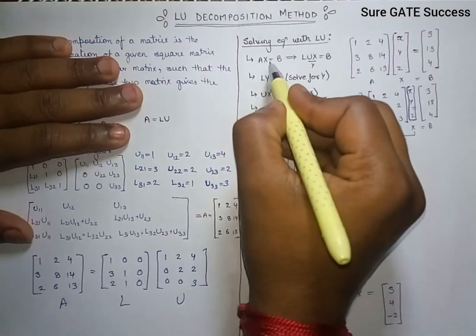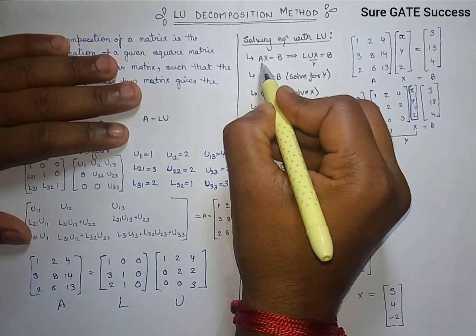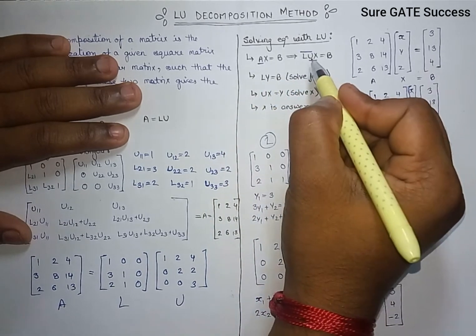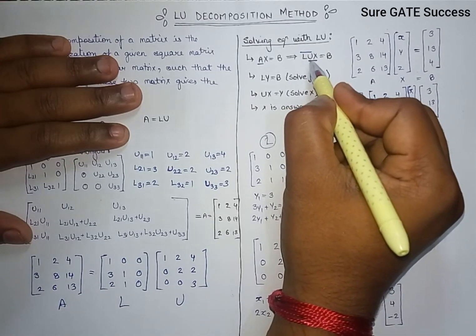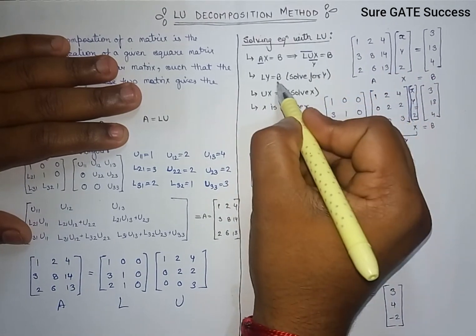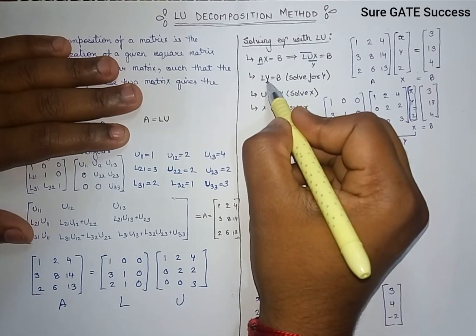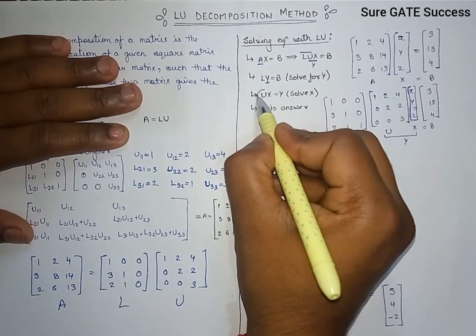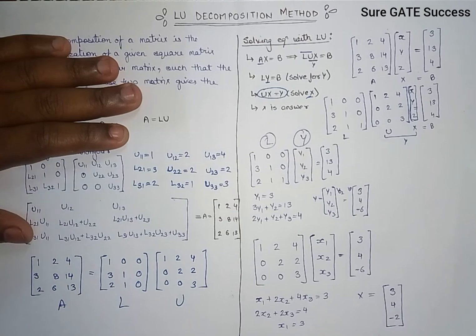We will have a system in the form AX equals B. First, we break A into L and U. After breaking it into L and U, we consider UX as a single variable Y, and then we find LY equal to B and solve for this Y. Once we have the solution for Y, we know that UX is equal to Y, so we solve UX equals Y for X, and that X will be the answer.